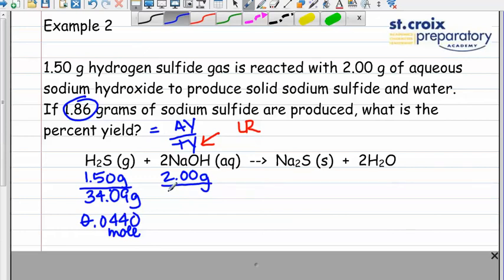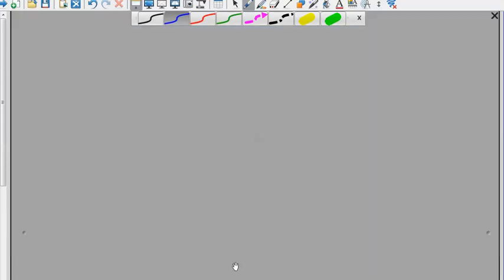Dividing by our molar mass of sodium hydroxide, which is 40.00 grams, then we need to divide whatever we come up with there, again by the coefficient in the balanced equation, which this time is 2.